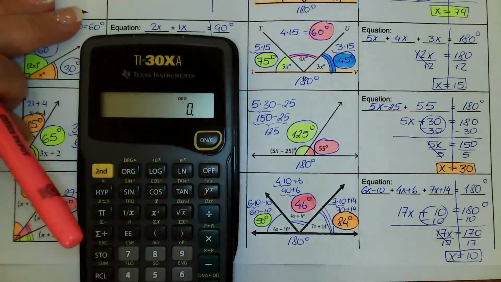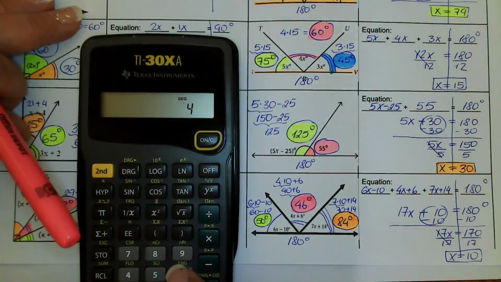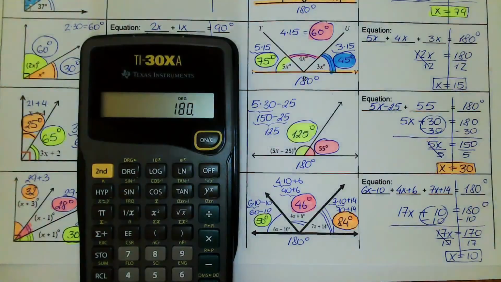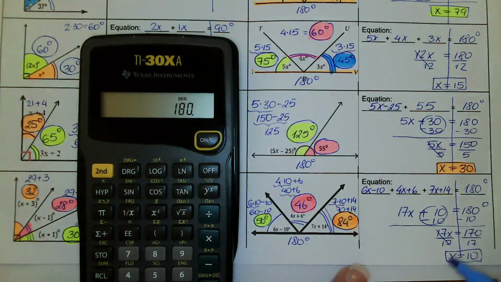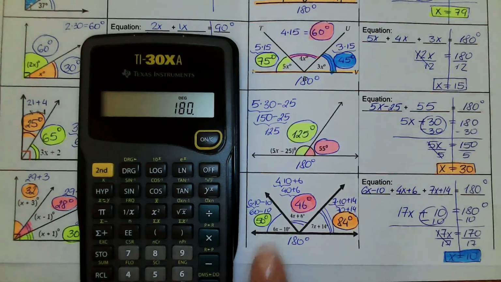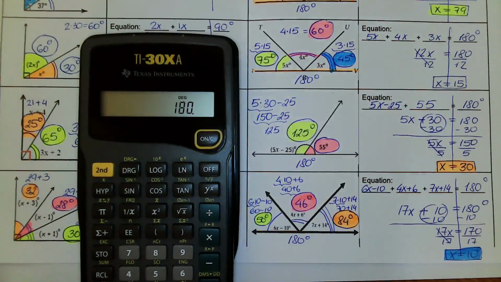So let's do a quick check here. 50 plus 46 plus 84 together is 180 degrees. So the x value from the equation is 10. When we substitute 10 in each expression, we find the angle measures. When we check, we add up the angle measures and make sure they add up to 180 degrees.